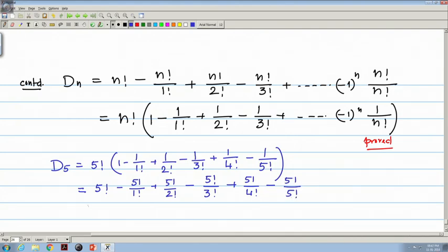If I compute quickly, the first two terms, both 5 factorial, will cancel.